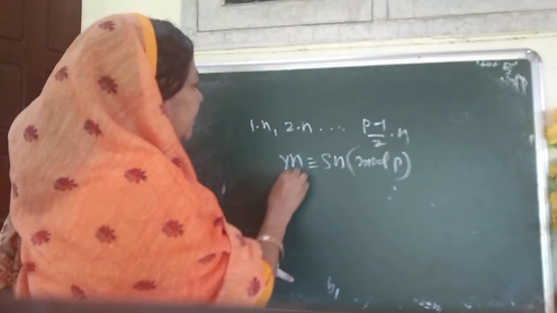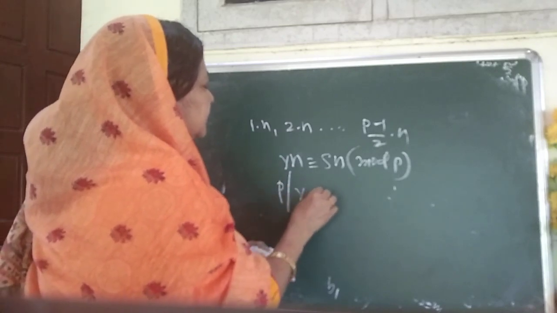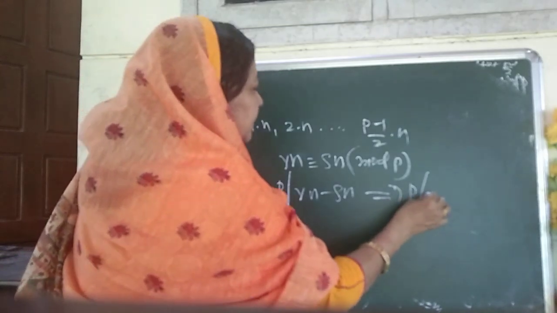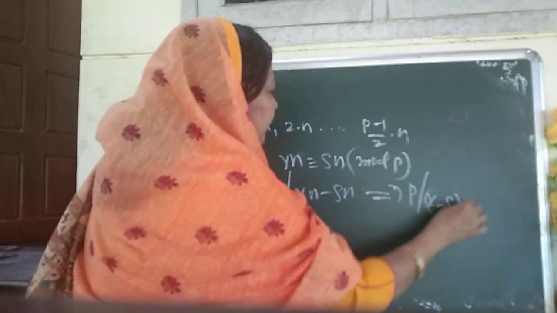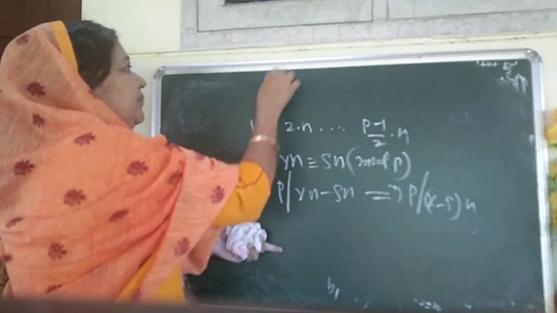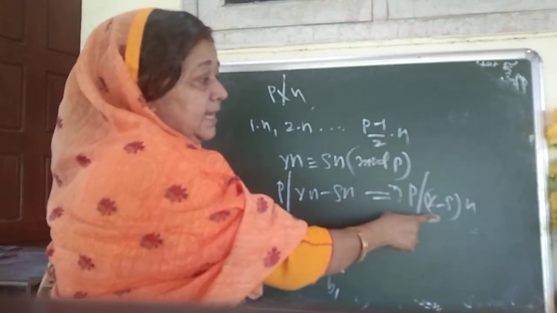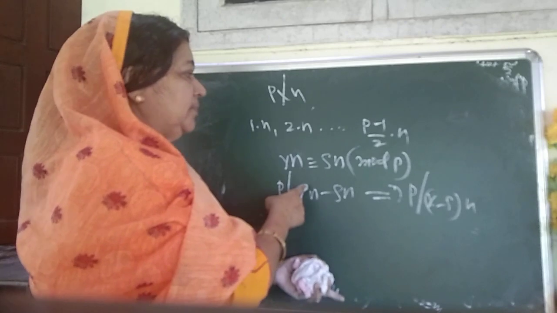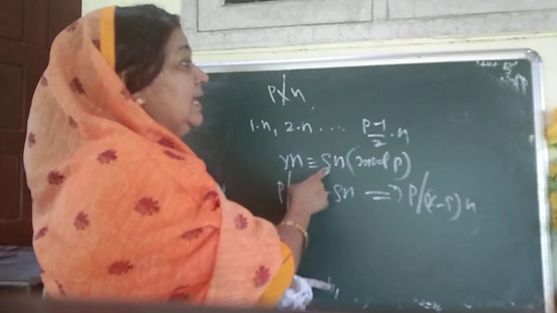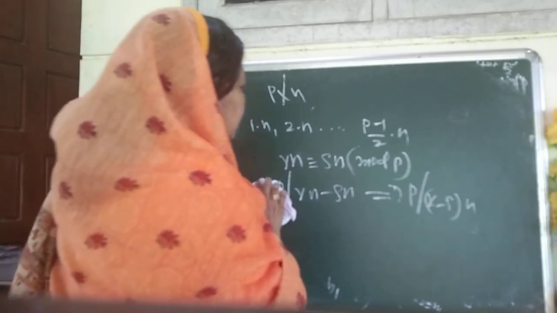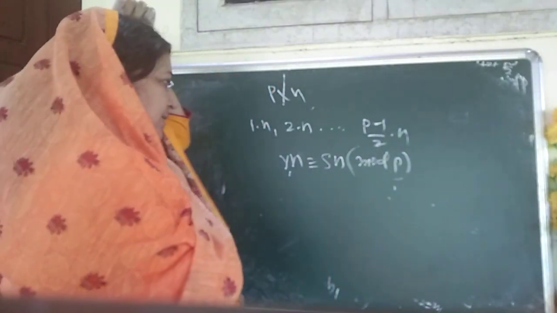That is, p divides rn minus sn, which means p divides (r minus s) into n. But we have assumed that p does not divide n. Therefore p divides r minus s, which is not possible because r and s are less than p. So all these residues are distinct.